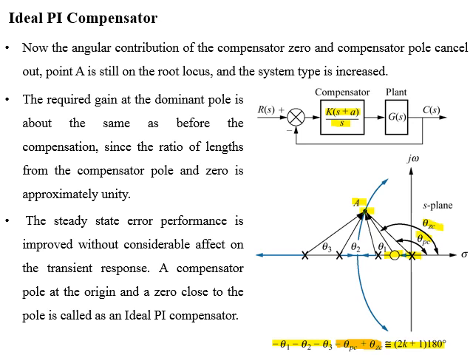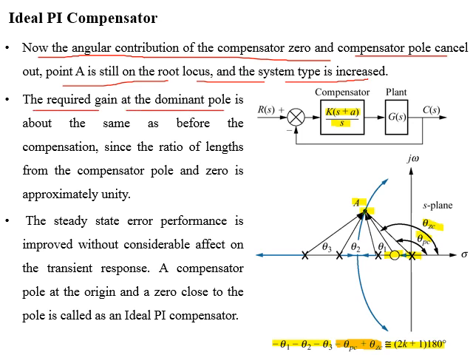The placing of the compensator 0 will cancel out the angular contribution added by the pole at the origin, or compensator pole. From the figure, the angular contribution added by the pole at the origin is nearly equal to that added by the 0, so their difference will be almost equal to 0, and point A will still be part of the root locus, and the type of the system is also improved, which makes the steady state error equal to 0.